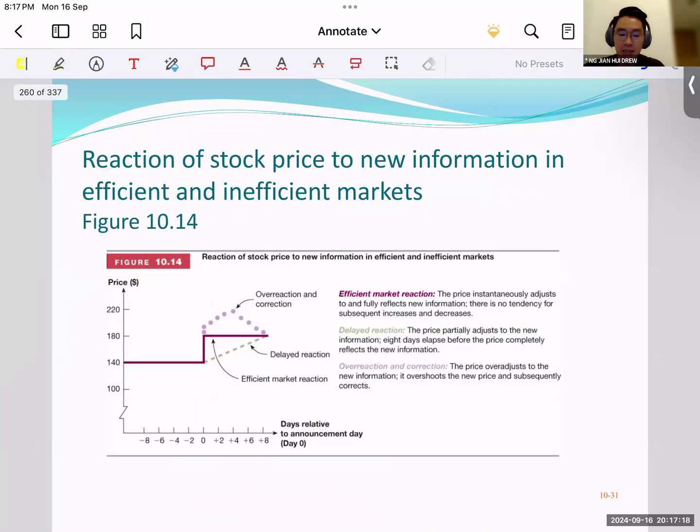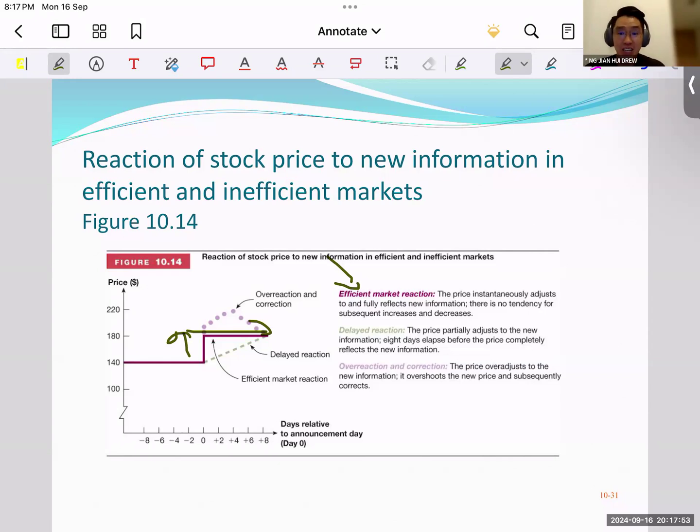Okay, so let's understand a little more about this market. In an efficient market, what does this mean? It means that whenever new information is released, the stock price, if it's efficient, will jump up immediately and then remain at that number. The market is very efficient, so straight away the stock price jumps and then it remains there. Now, this is not very common in the market.